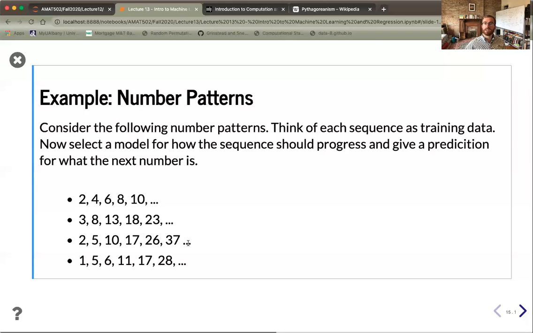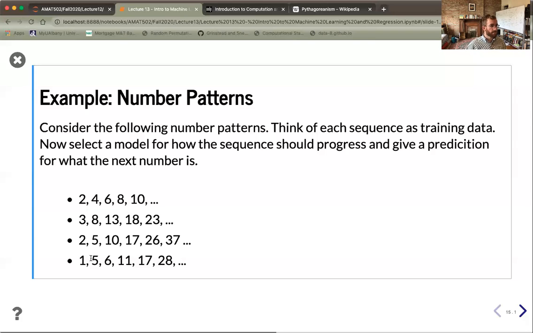What would you predict the next number is? I'll let you think about that. But one thing we know is that the model used to describe this sequence is not the same as the model over here, because in those last 2 examples, the difference between each number was constant. And here we see the difference is changing. How is it changing? I'll leave you to think about that.